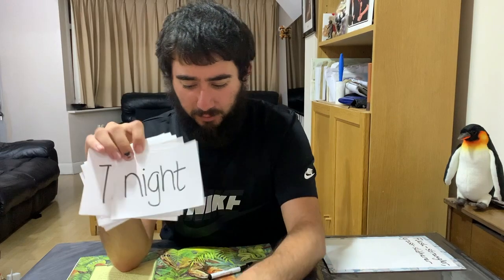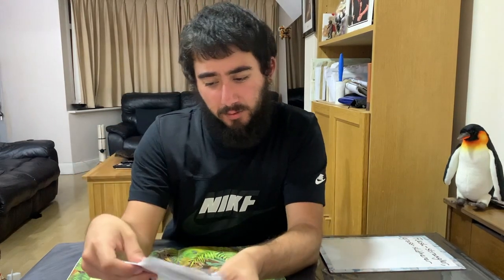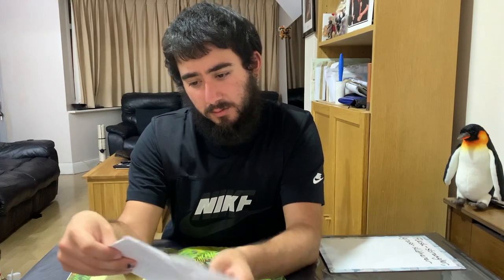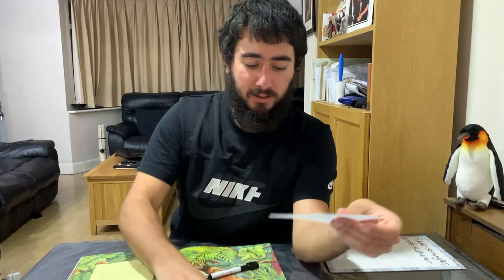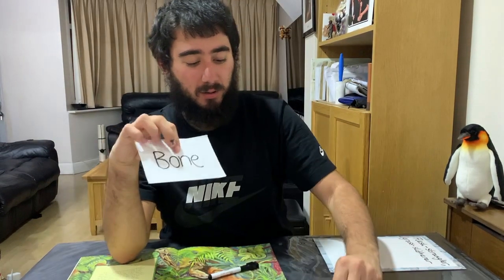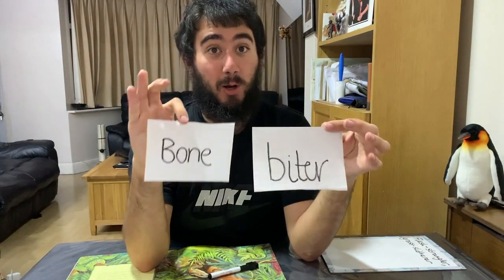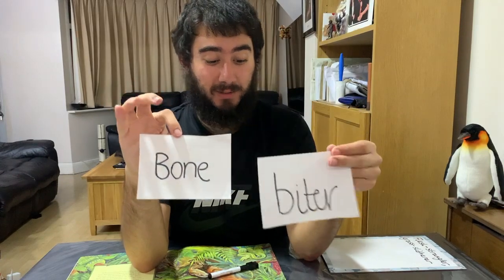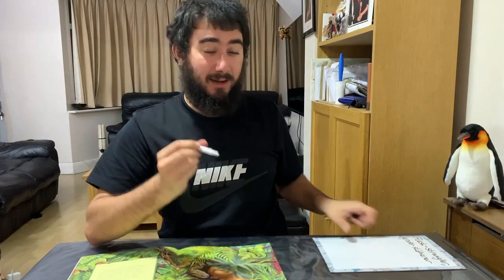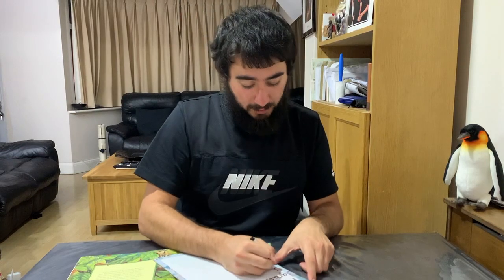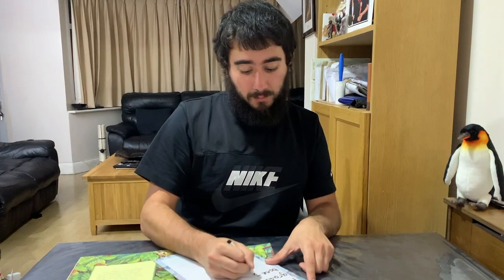Let's go for bone actually, because I can see at the top of this pile I've got biter. So bone biter would be a good one for my snake. I'm going to write that one down and then read it to you. So bone biter.